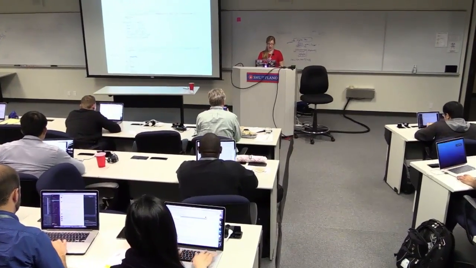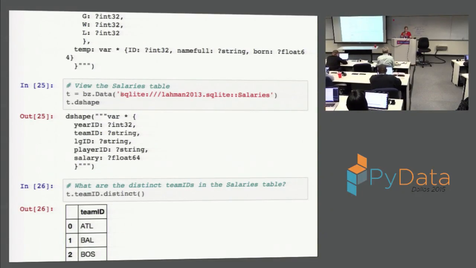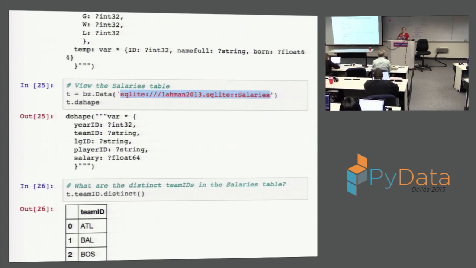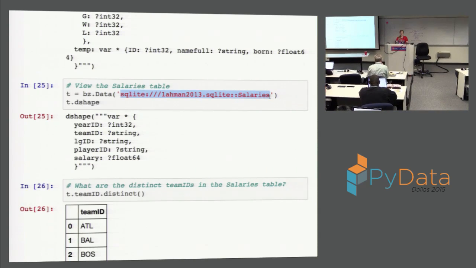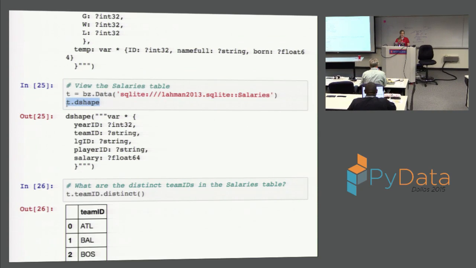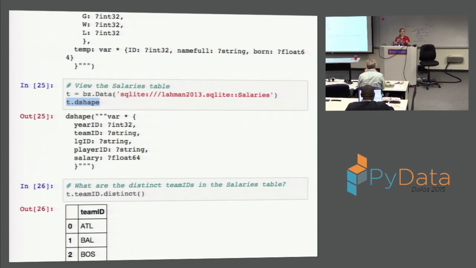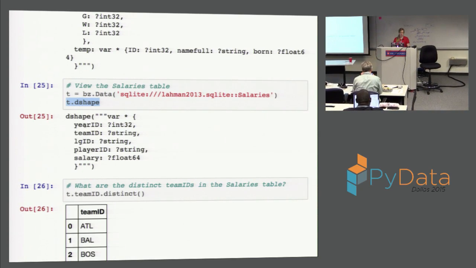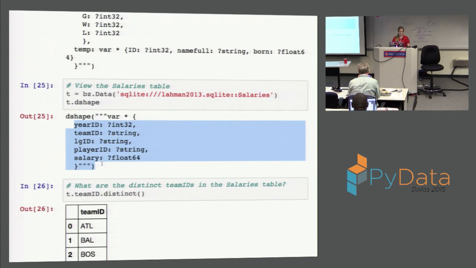So I can just say data, and this SQLite database, and with this notation mention the table, and I call the table T. Then I can do T.dshape, and I can see what's in this table, what all the different columns are and what their guessed types are.